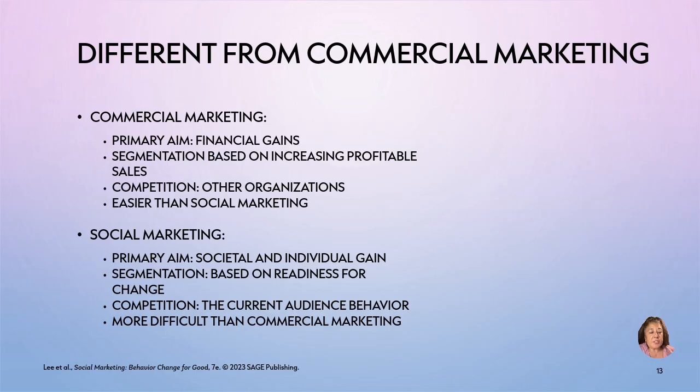The competition is most often the current or preferred behavior of the priority audience and the desired benefits associated with that behavior. Social marketing is much more difficult than commercial marketing. For example, the financial resources required to make drinking alcohol look cool are much less than what it would take to make people give up the addictive behavior.